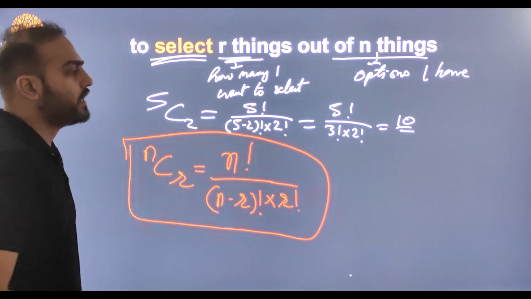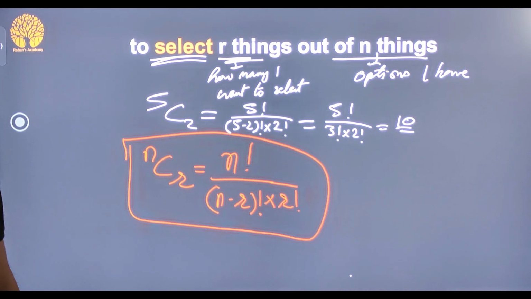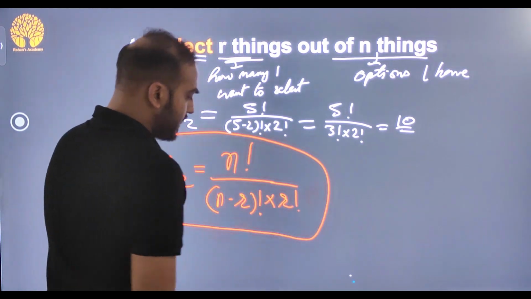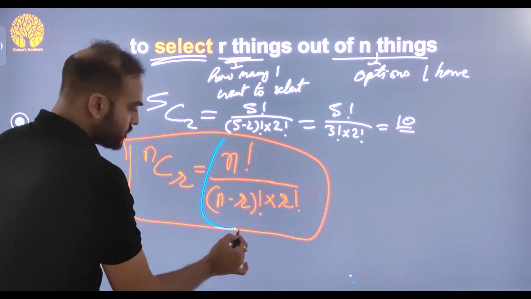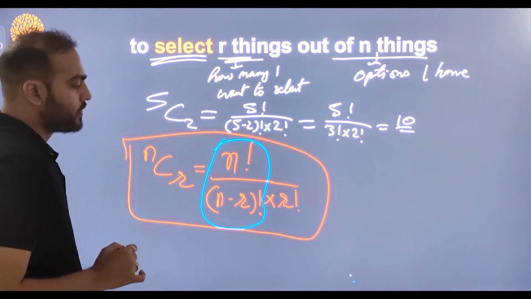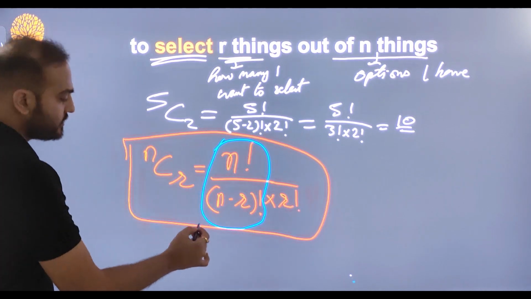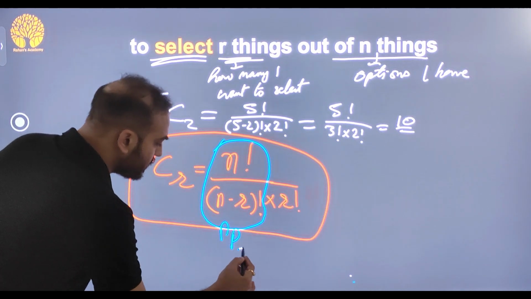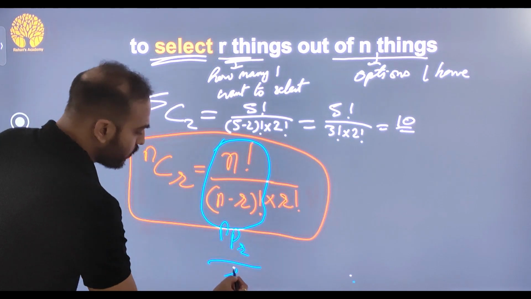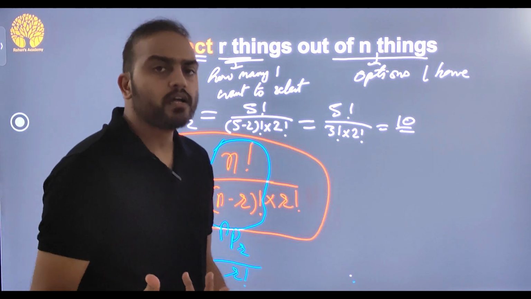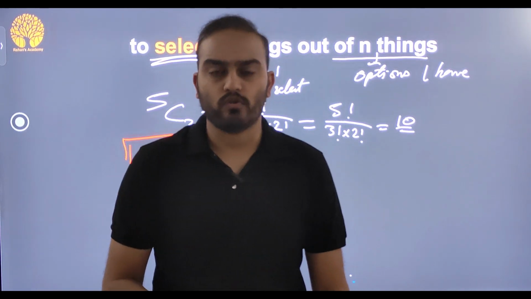If you solve that, that comes out to 10. Another thing you will realize is that this much is the same as permutation. This is simply NPR, divided by R factorial. Which, if you think about it, kind of makes sense also.